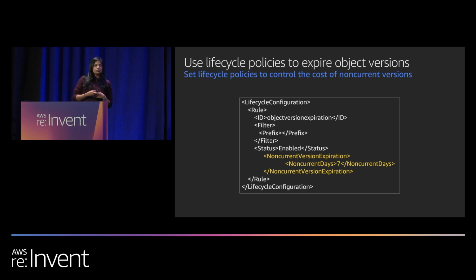You can also reduce your costs by transitioning the previous versions of your objects to infrequent access storage classes. If you're not frequently accessing the previous versions of your objects, a good idea is to transition them to a less frequently accessed storage class and save costs on that.